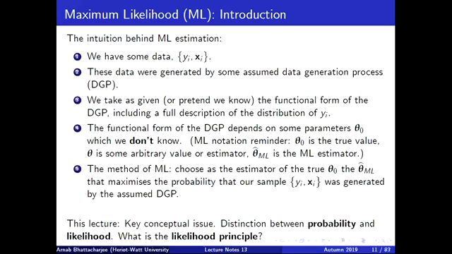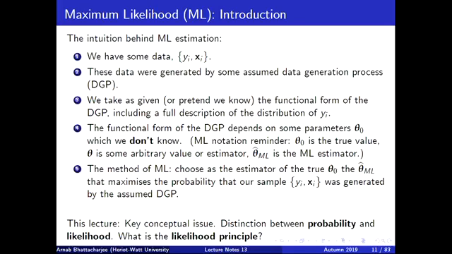Now, because we can do that, we can do a different kind of thought experiment. Let us say we have one choice of parameter vector, theta 1, and another choice of parameter vector, theta 2.